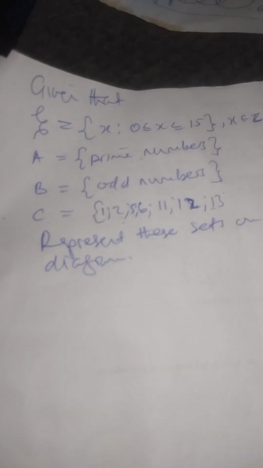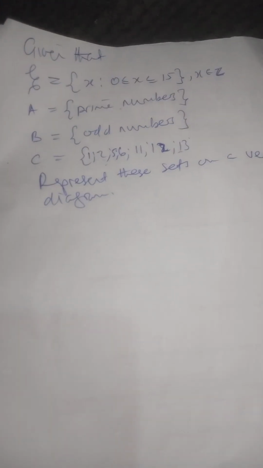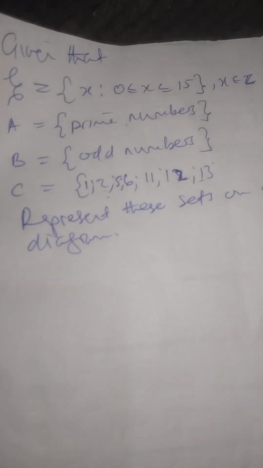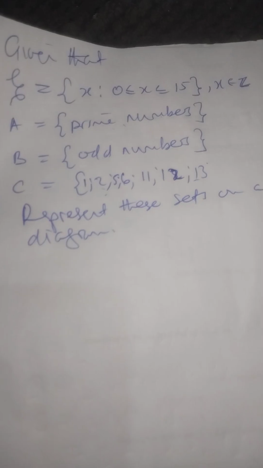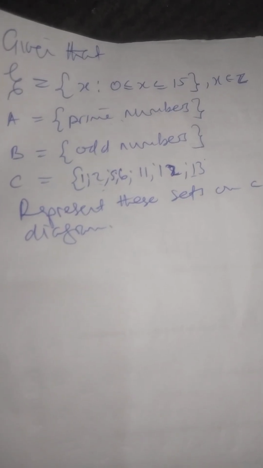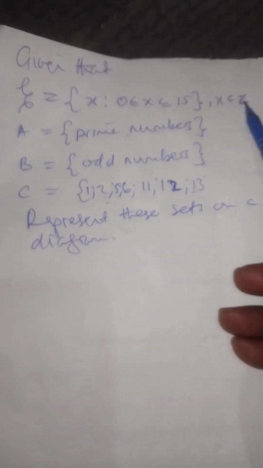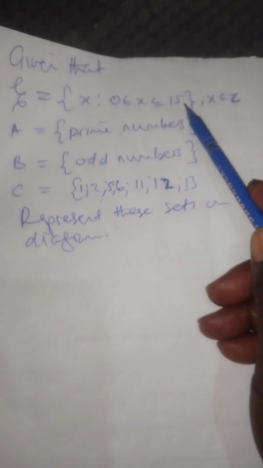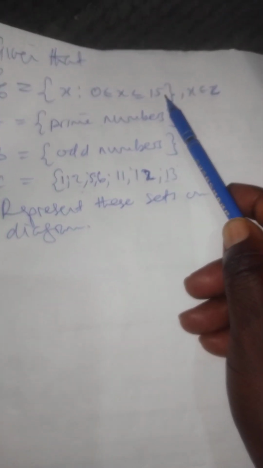Let's go. Right. There's a question, guys. Second question, which I want to explain clearly. Given that the universal set contains x, such that x is between 0 and 15 inclusively, where x is an integer. I was supposed to write this condition inside the universal set. Is it fine? Right.